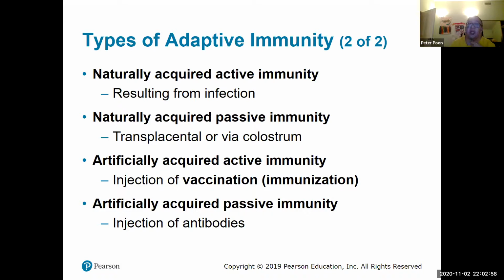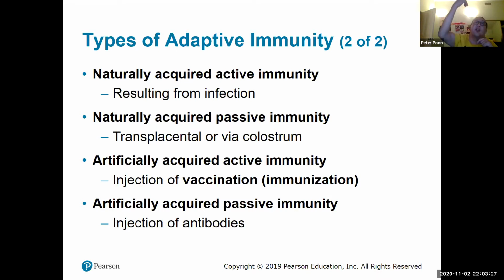Active immunity only occurs if your body is challenged. If they inject the antibody into you already, then you don't build up the response, so you don't have to do anything. So the immunity is passive.